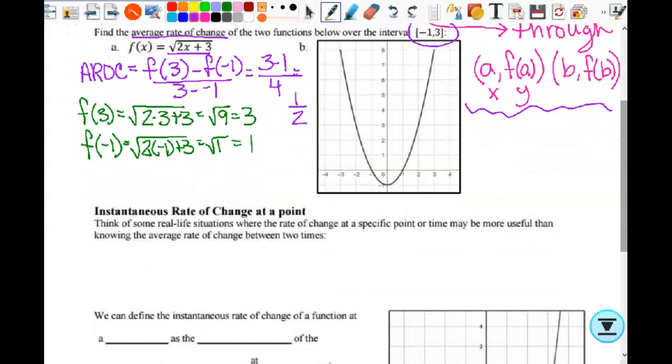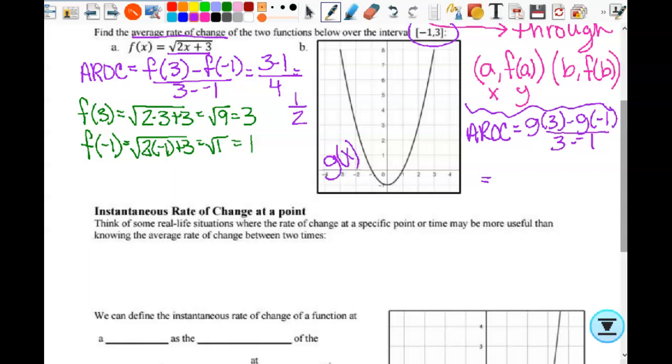So this one isn't named, so we're going to pretend like it's named g of x. Okay? Then for my average rate of change, I'm going to take g of 3 minus g of negative 1 over 3 minus negative 1. So do I have to really do any work here? I mean, I'm getting it from my graph, right?